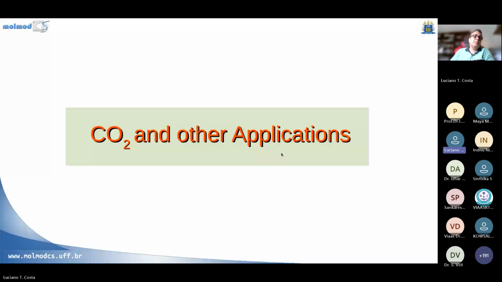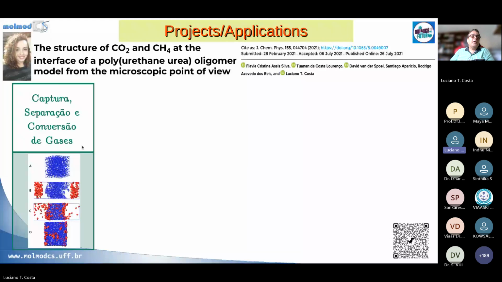So I can, for example, share with you here this work from my ex-PhD student, Flavia, who developed simulations for a polyurethane urea oligomer model to try to capture CO2 and CH4, natural gas, industrial streams. They developed a nice and very good protocol to do that.